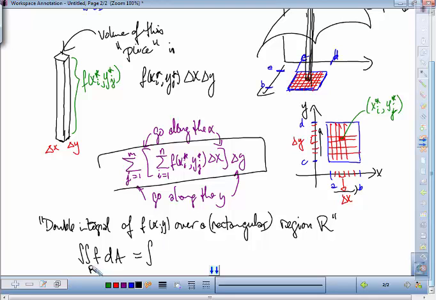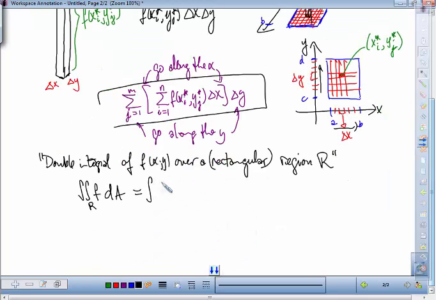So this notation here is just a general notation. We want a more working notation. And so in our first simple example where we're integrating over rectangular regions, I'll do this in order, on the inside first. We're going to integrate from a to b of f of x y dx, and then integrate from c to d of that result, dy.